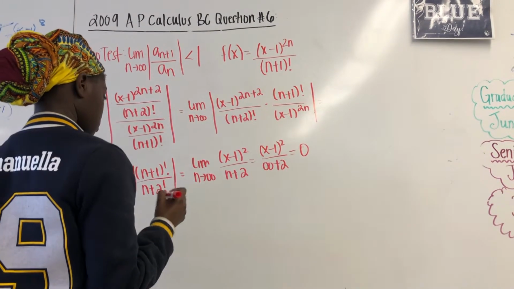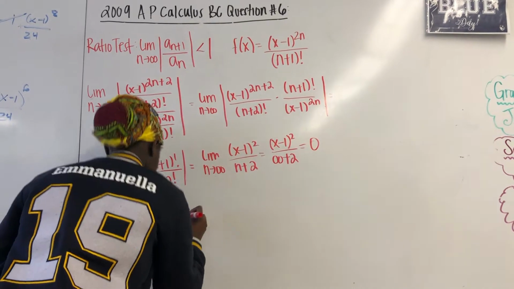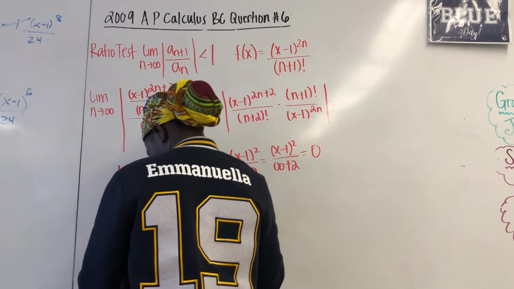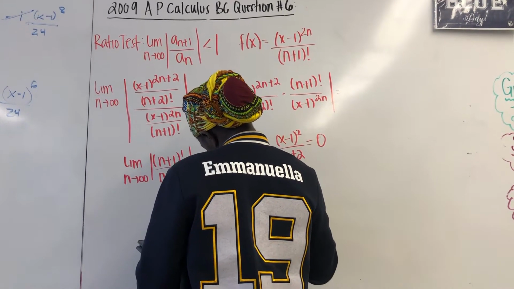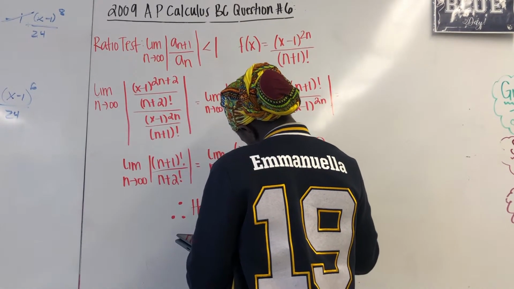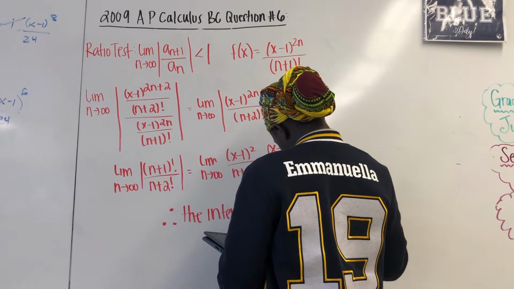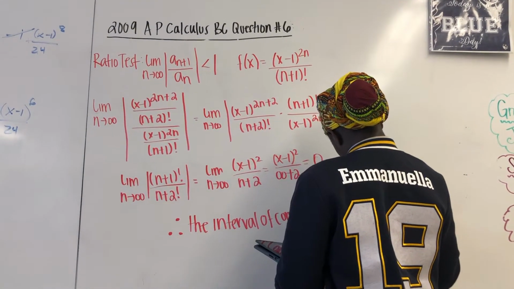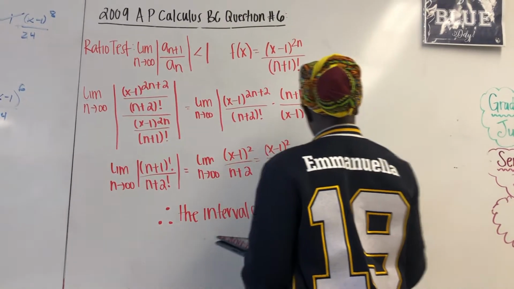This then equals the limit of (x minus 1) squared over n plus 2, which equals 0. This is because when you plug in infinity for n, you have a small number over a big number. Therefore, the interval of convergence is negative infinity to positive infinity.